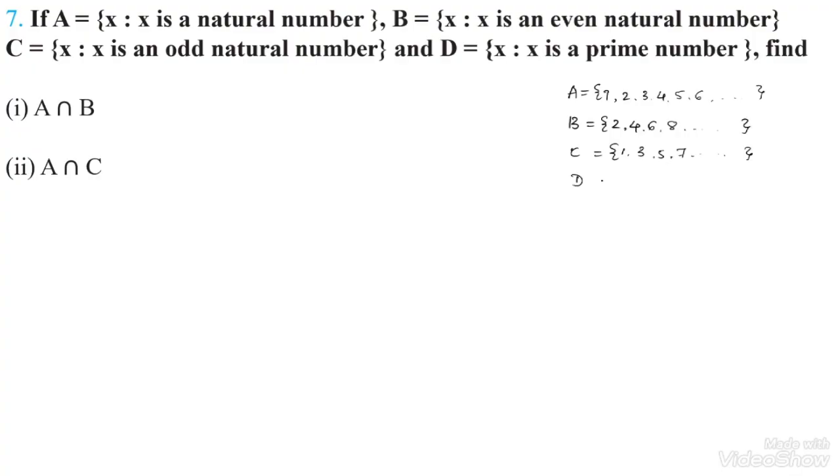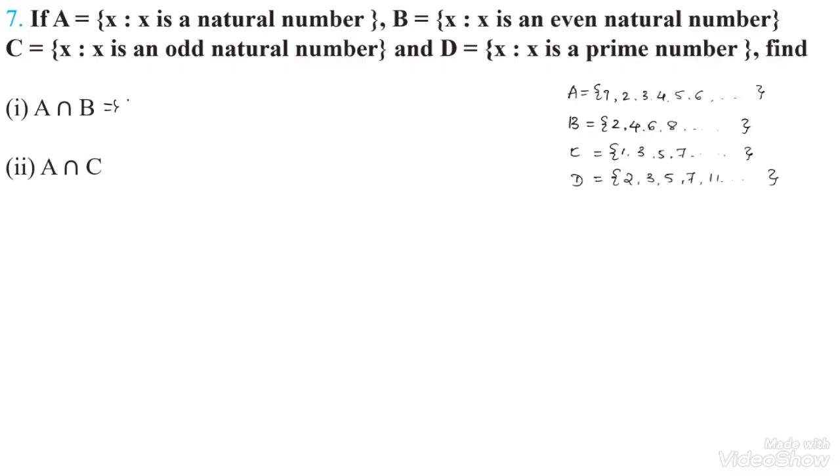D contains the set of prime numbers, that is 2, 3, 5, 7, 11 and so on. These are the elements of the given sets. For these sets, we have to check the results one by one.